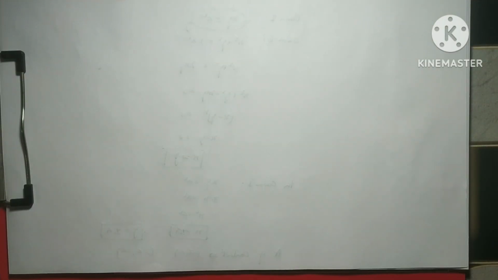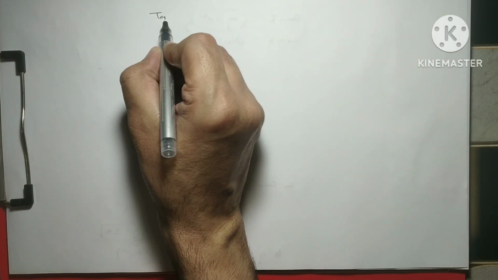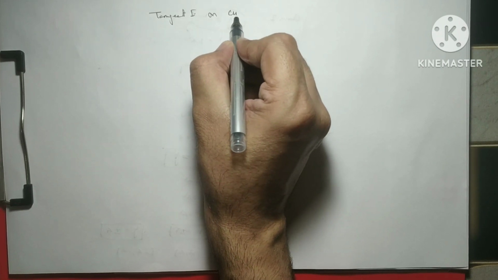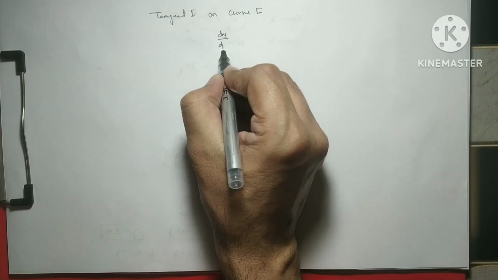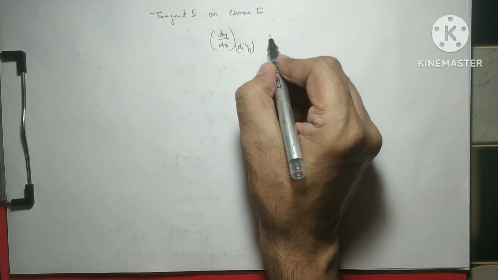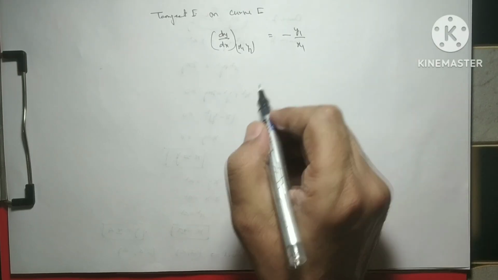Now we have the expression of slopes. The slope of tangent 1 on the first curve, that is dy over dx at x1 y1, is minus y1 over x1.